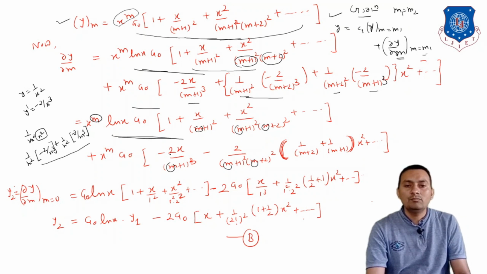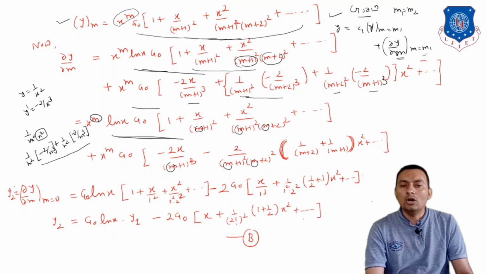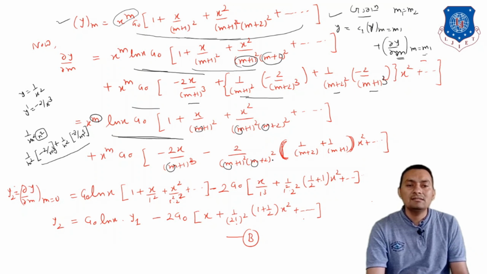And minus 2 is common, and a0 is also there, and x raised to 0 is 1. So x divided by 1 raised to cube, minus 2 already we have taken common, so it will be plus 1 square 2 square into 1 divided by 2 plus 1 x square plus and so on.